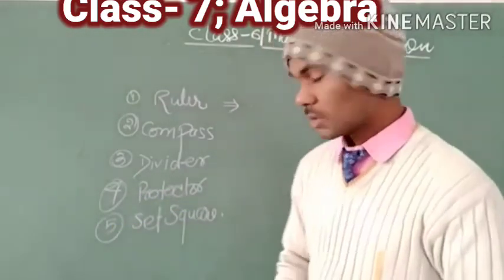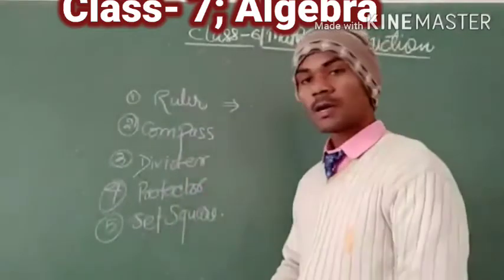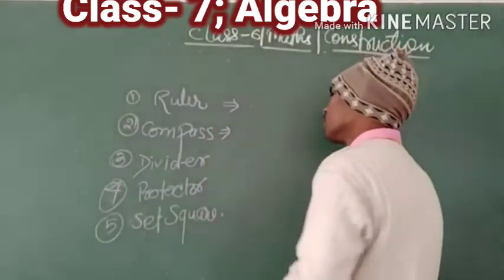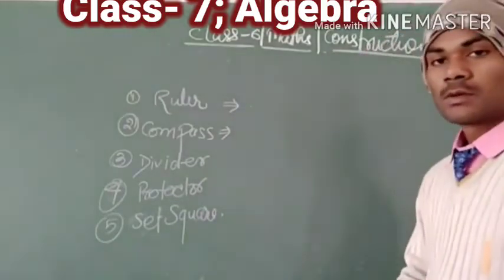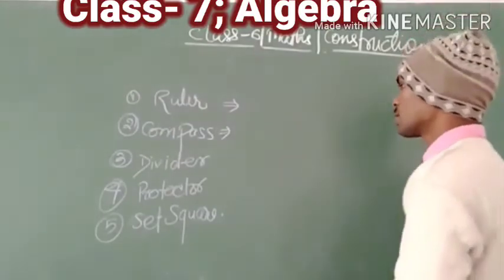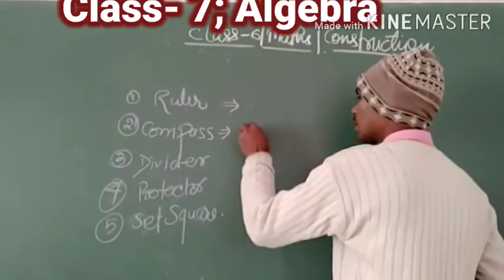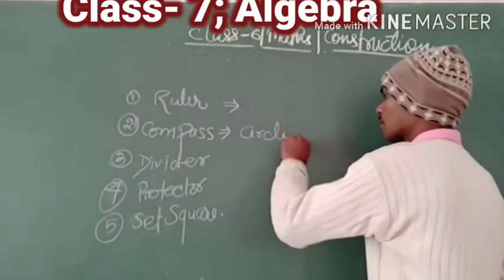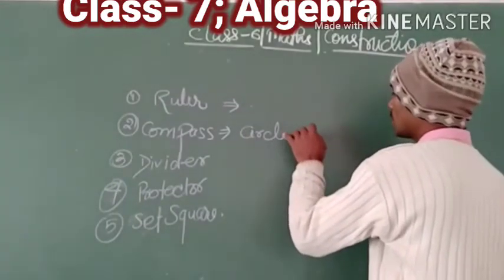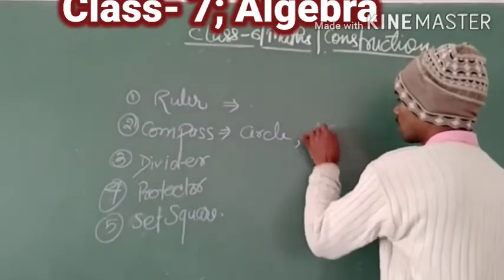The second one is called the compass. Compass is also a very useful tool from the point of view of construction. Compass is used to draw a circle and to make an arc.